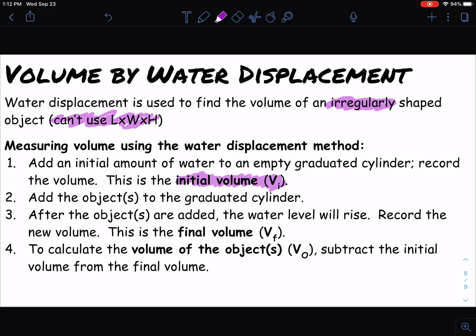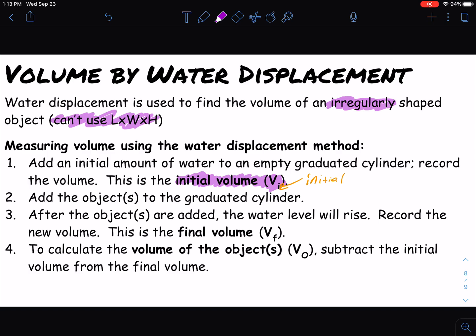That VI, that I stands for initial. Whoops, I misspelled initial there. Initial. And then down here, you add the object to the water.